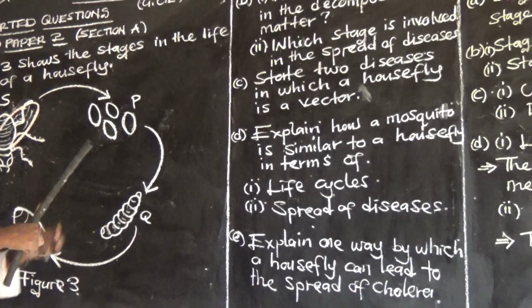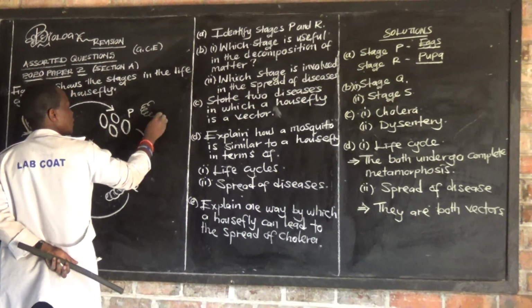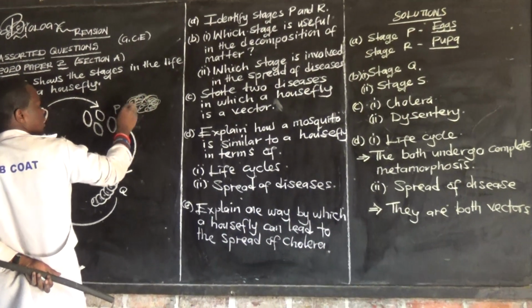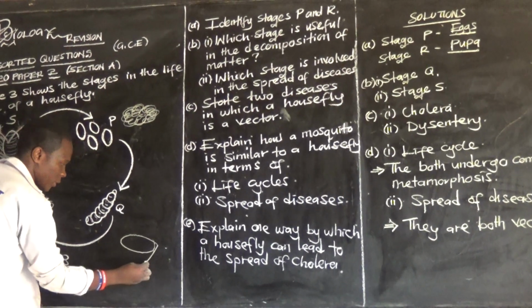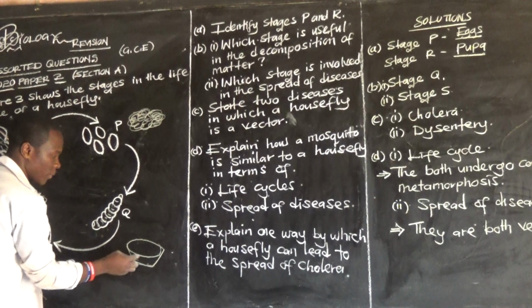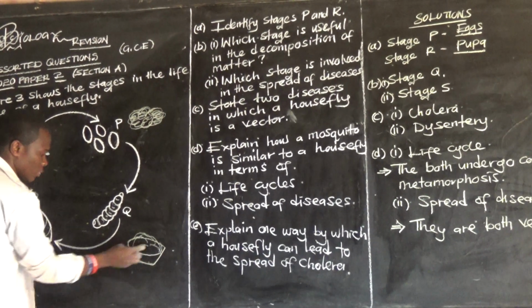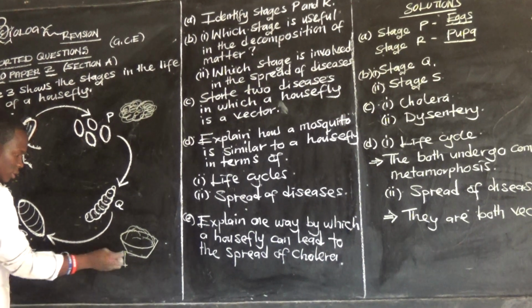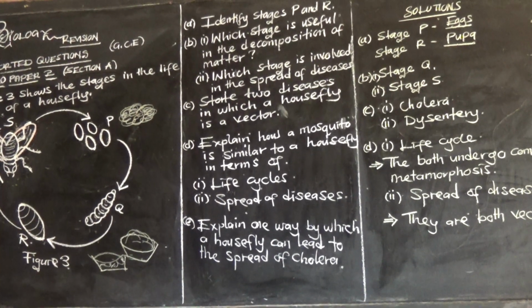So that's the way it's spread. Let's say we have contaminated stew, then bread, your shima, and your relish. These are not covered.